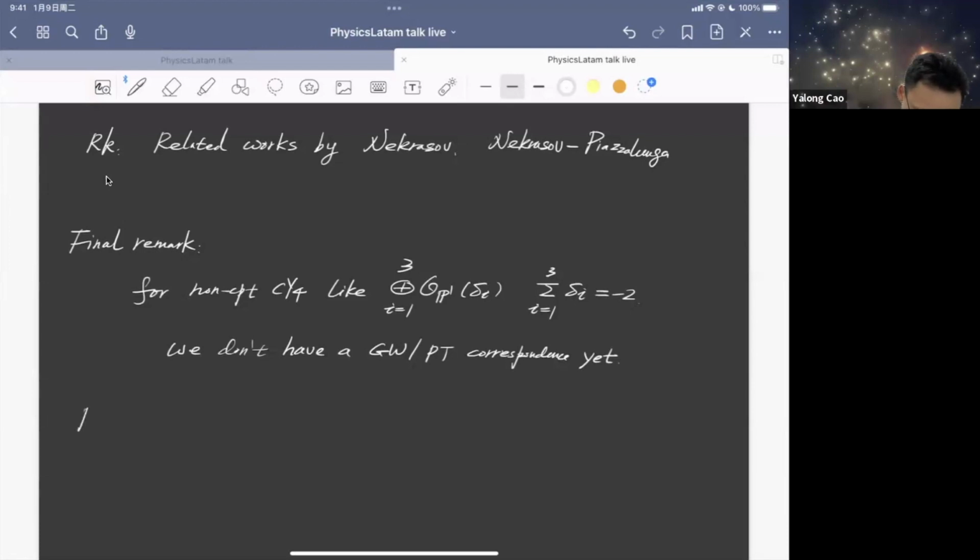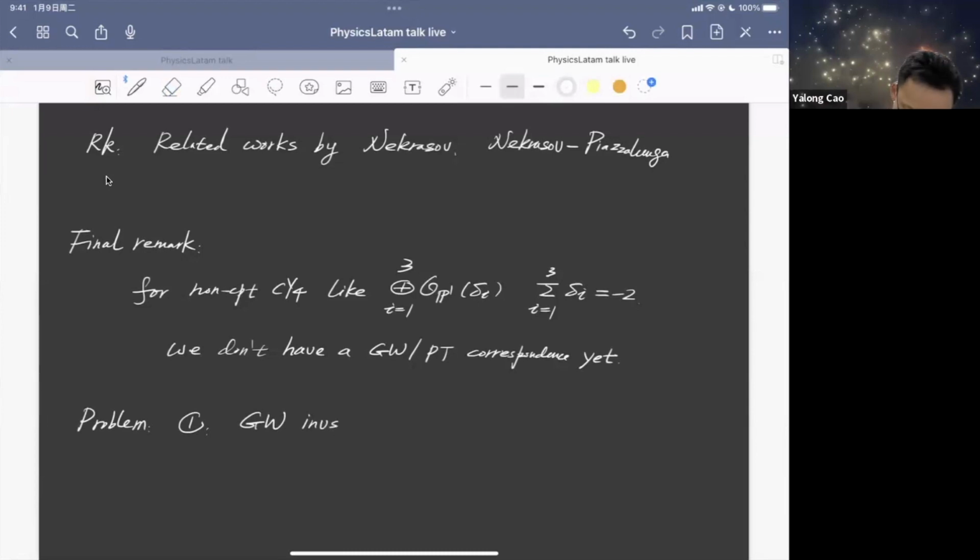The problem is that, first of all, in this case everything needs to be defined by torus localization because the moduli will be non-compact.